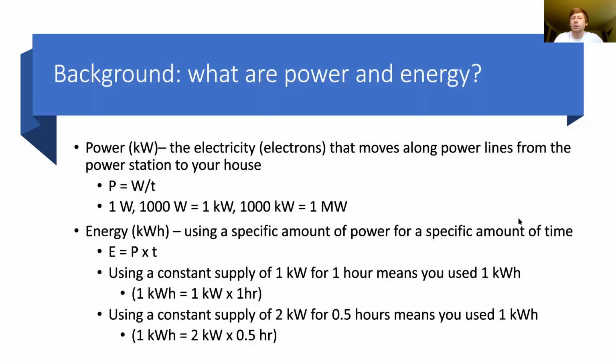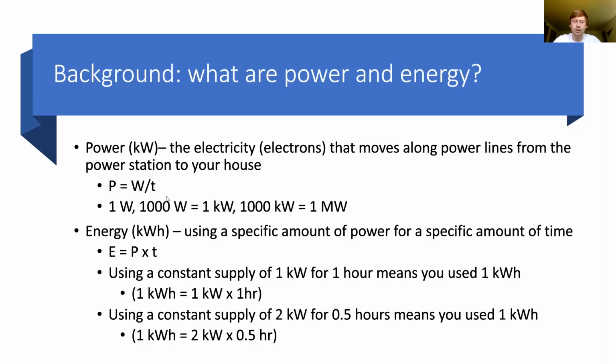So let's get into a little bit of background for power and energy. Power, which is measured in watts or kilowatts or megawatts, that's the actual electricity that's going from the power station and the power company to your house. What moves along the power lines, or what you might think of as electrons.